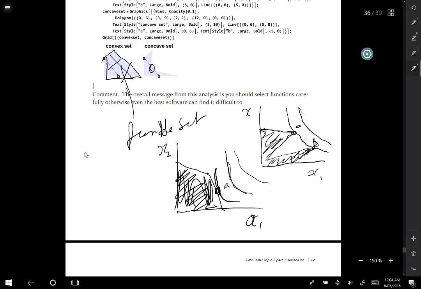So this is just reinforcing the need to choose your constraints and your objective function carefully.